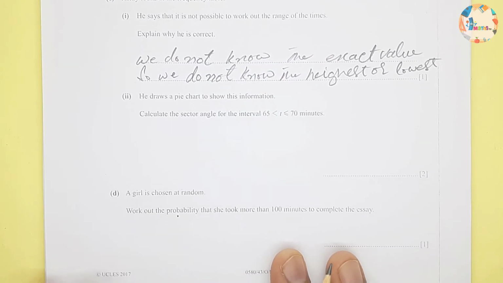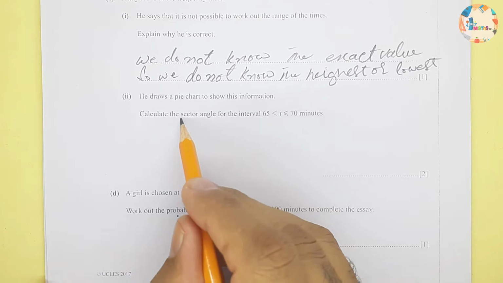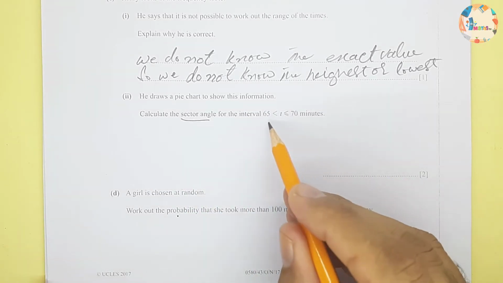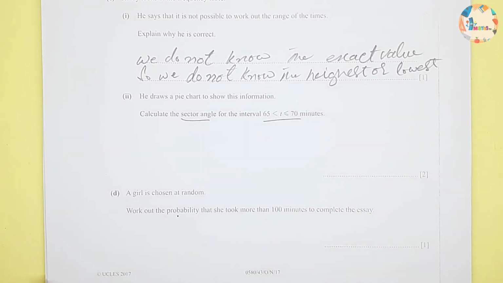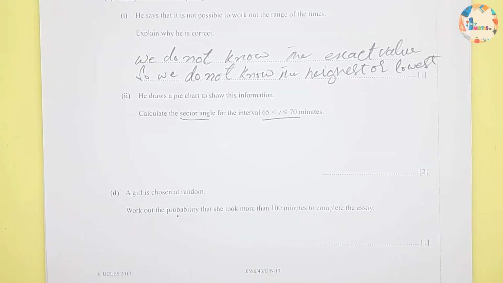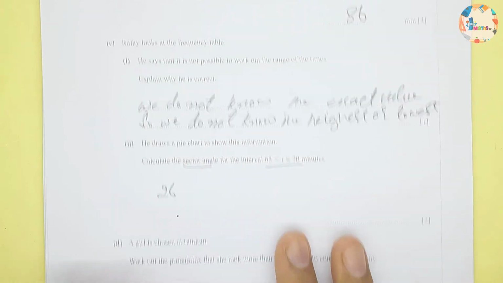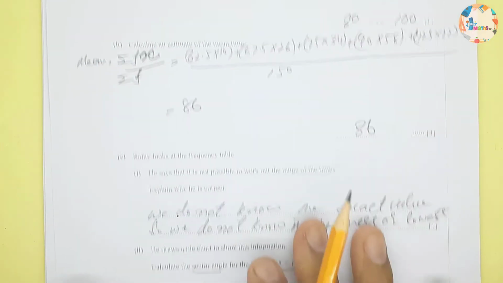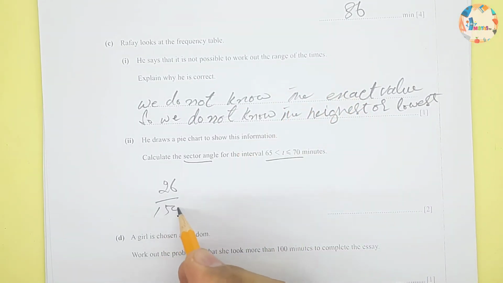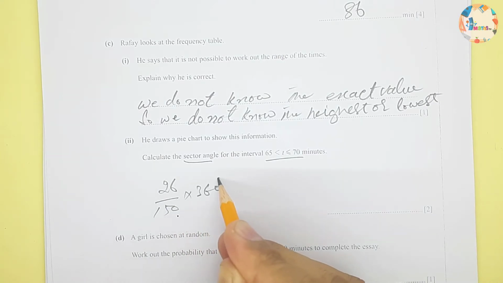Second part, he draws a pie chart to show this information. Calculate the sector angle for the interval 65 to 70 minutes. So we can take the value 26, which is for this range, divided by 150 multiplied by 360, which is the angle.